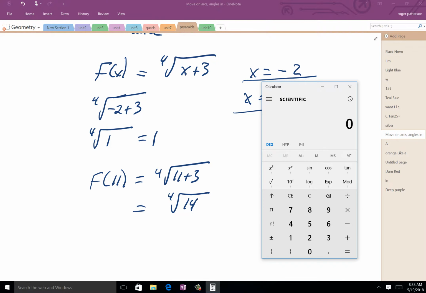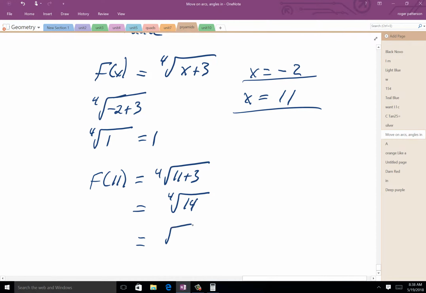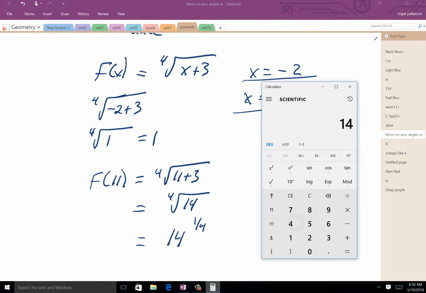I'd probably do Desmos, but then I'd have to log in. It would take me a while. So now that I know this, I could do this to the 1/4 power. So I could actually enter 14 and then do x to the y, parentheses, 1 divided by 4. Yeah, there it is.